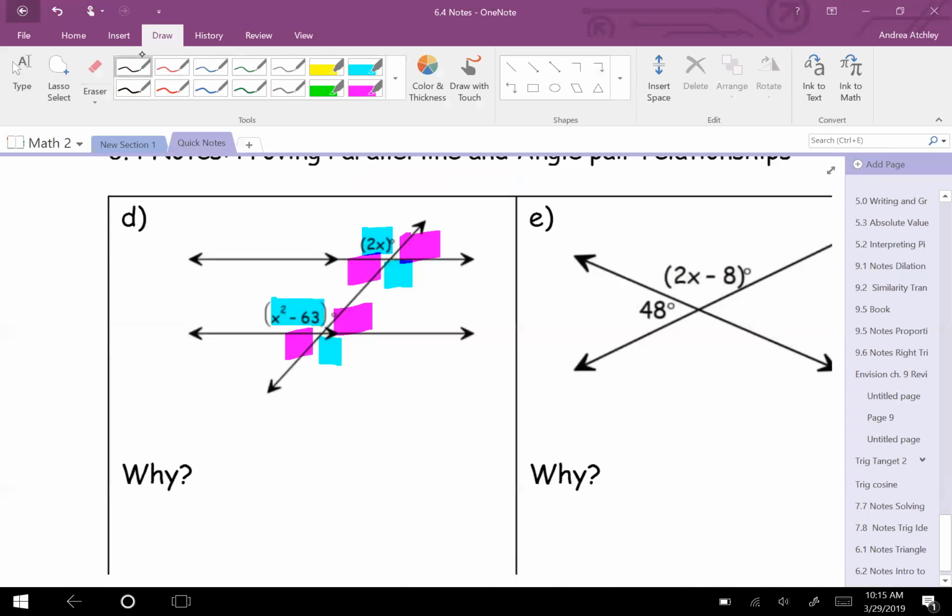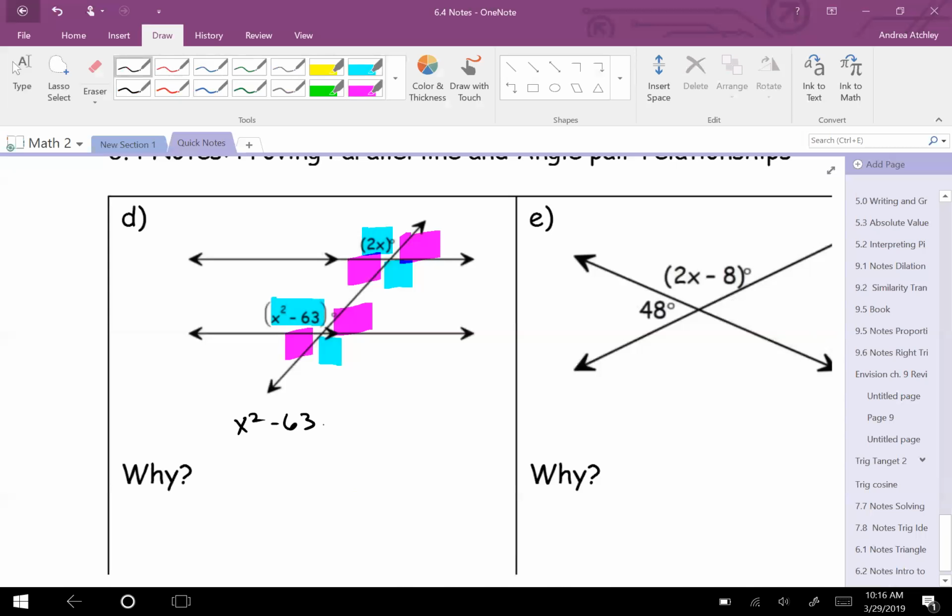All right, so you do x squared, and then minus 63. Equals, you do something with the 2. The 2x, right? So is it equal to 2x or is it adding to x squared to get to 180?